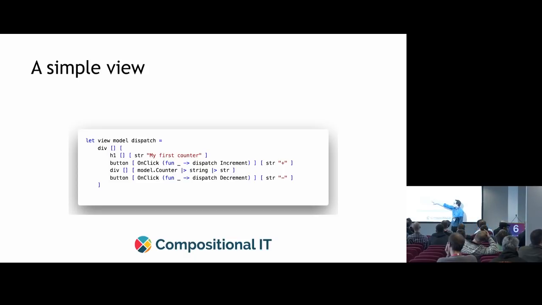And I'm going to render a div with an H1 and a button, and I've got this onClick handler. Anytime somebody clicks the plus button, we're going to dispatch an increment event. Also, we're going to render out our current counter value, and we'll finally have another button for a decrement.